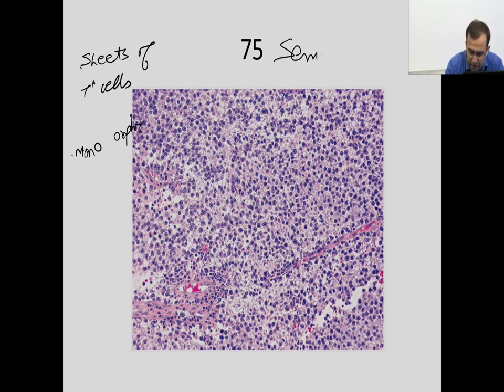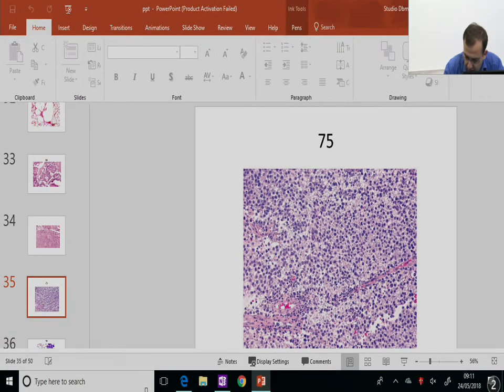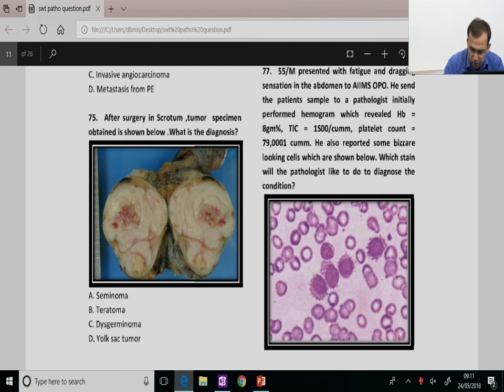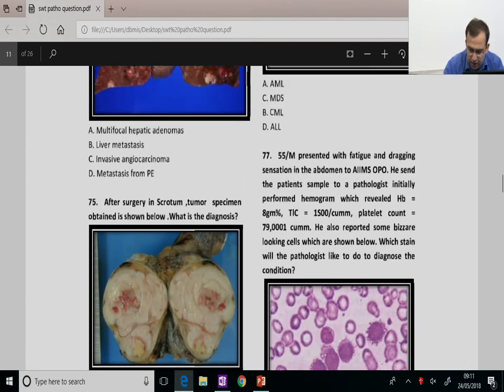This is seminoma, an important microscopy. Next, this gets us to the next question, that is question 76.